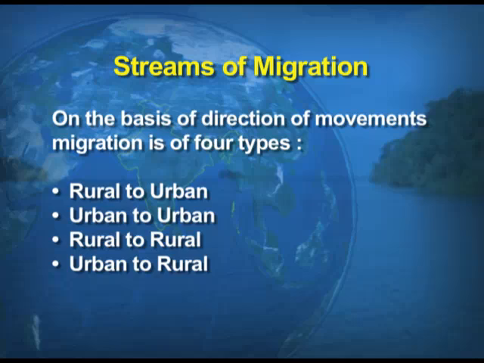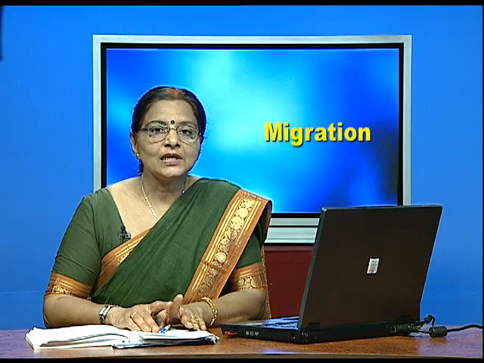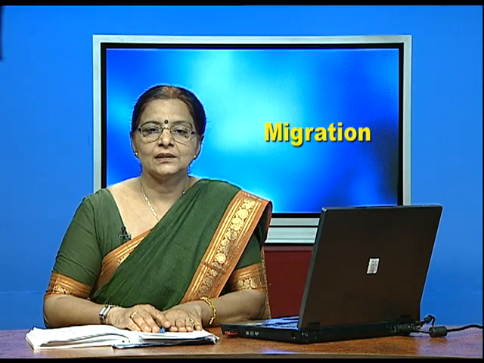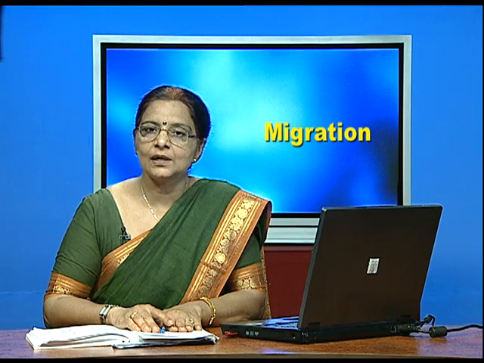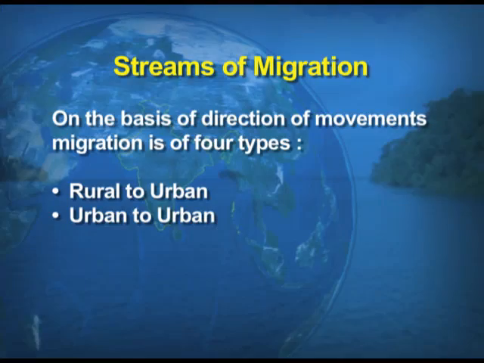Now, a very interesting aspect of migration is the streams of migration. On the basis of the direction of movement, migration is of 4 types. Now, listen children carefully, what are these 4 types of migration? Number 1, when people migrate from rural area to urban area. Number 2, the migration of people from urban area to urban area.